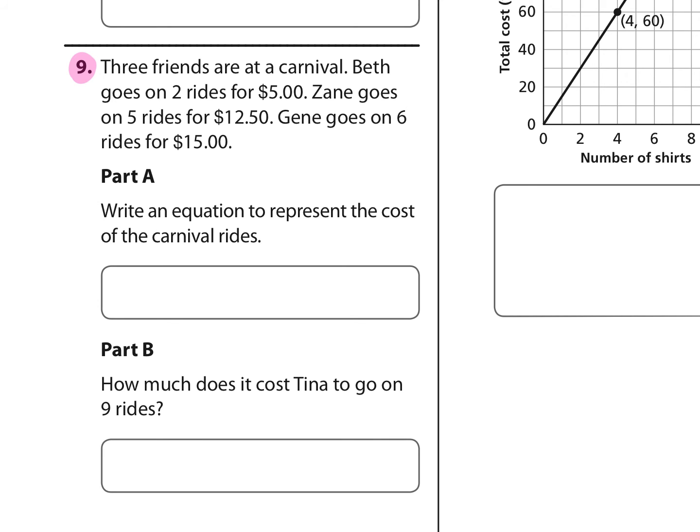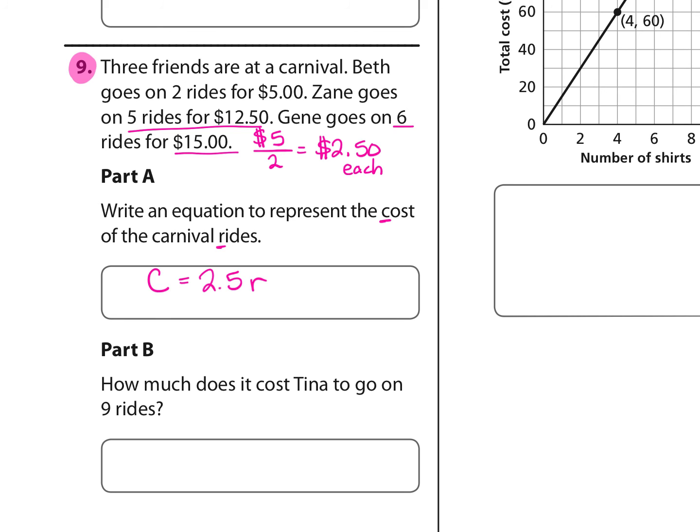Well, notice every time that you take the amount of money spent on rides divided by the number of rides, you get $2.50 for each ride. $12.50 for 5 rides would still be $2.50, and $15 for 6 rides would also be $2.50. So the cost, C, is equal to $2.50 times the number of rides, R.